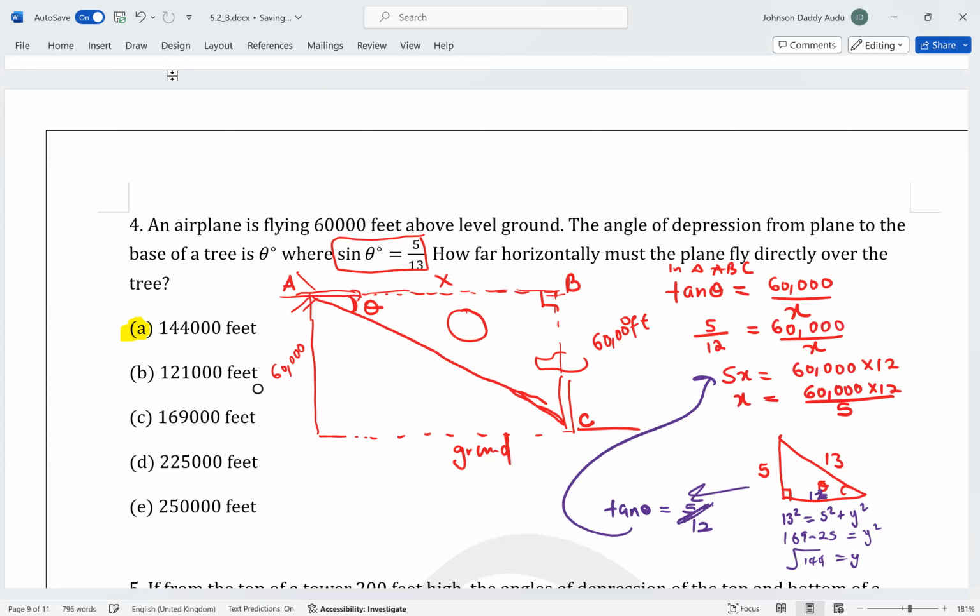And this would give us what? 5 into 60 is 12. So this will give us 144,000. So this is 144,000 feet, because we are left with 12,000 times 12. Okay.